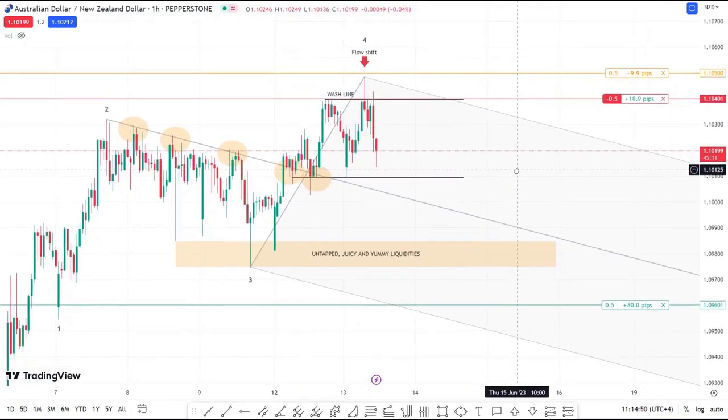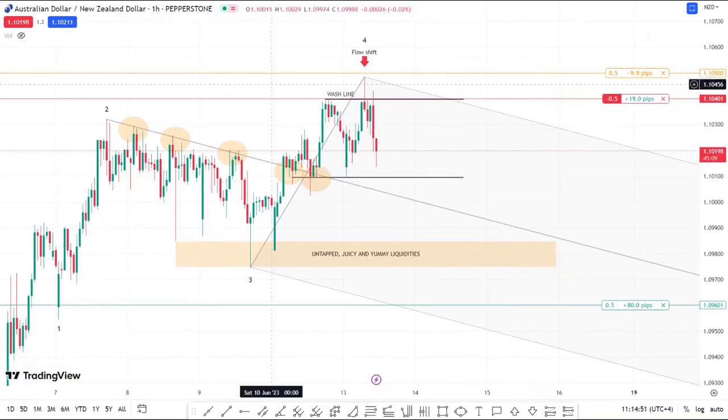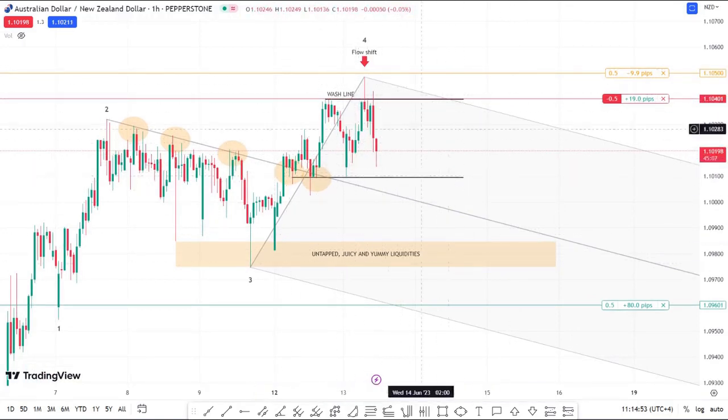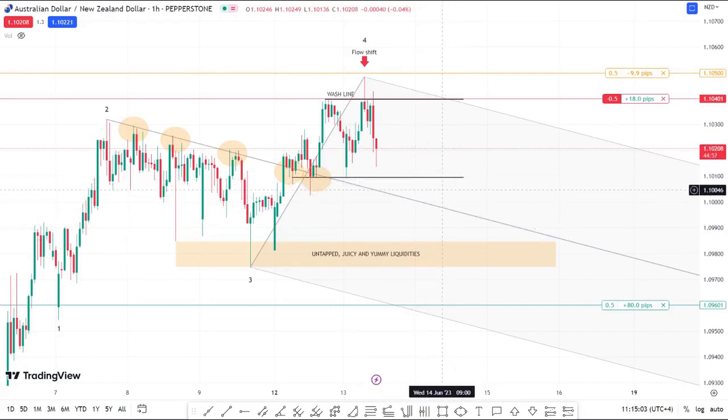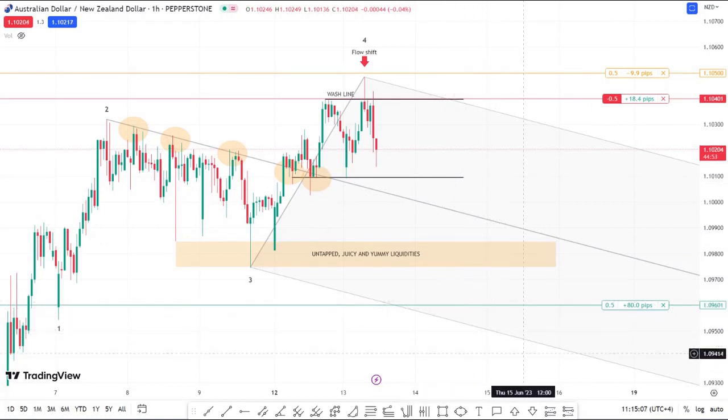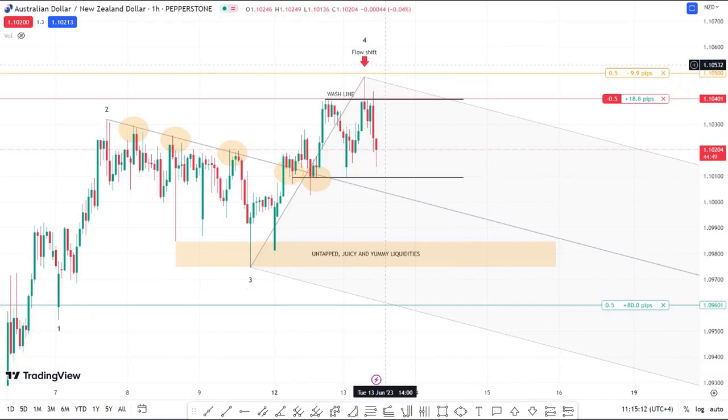Okay, if you know how to use pitchfork correctly, you know that it has 80% chance of returning to the median line. And if the median line didn't hold or it breaks with conviction, 80% of the time it will visit the next line on whichever the price is pointing.